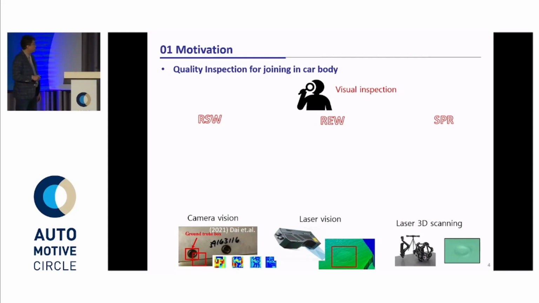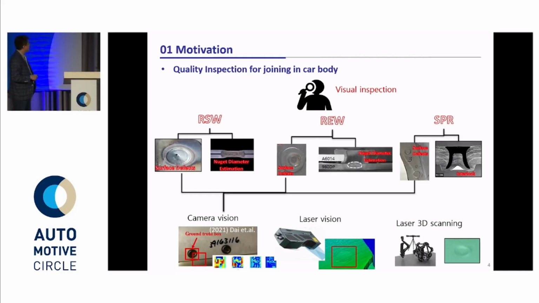And also laser vision can be used, and laser 3D scanning. All of these technologies can substitute the visual inspection and also provide a very precise, quantitative and automated measurement of the surface geometries.